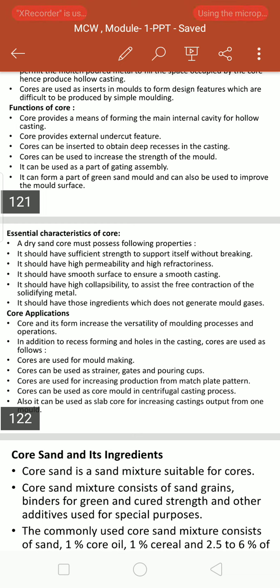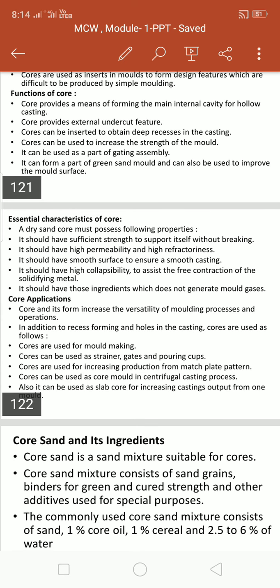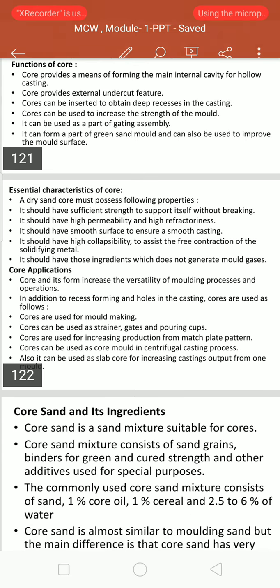The core should be permeable to gases, meaning it should be easy to vent the gases to the atmosphere. The core should have high refractoriness, as I said, and should impart a very good surface finish to the casting. The core should be easily collapsible in order to assist free contraction of the solidifying metal, as said.